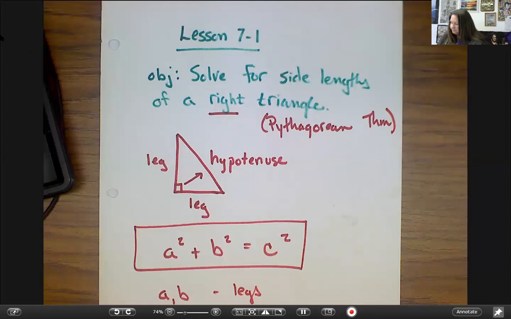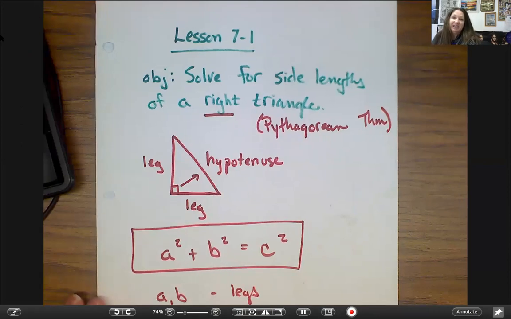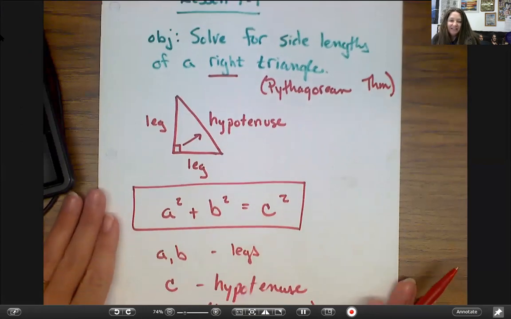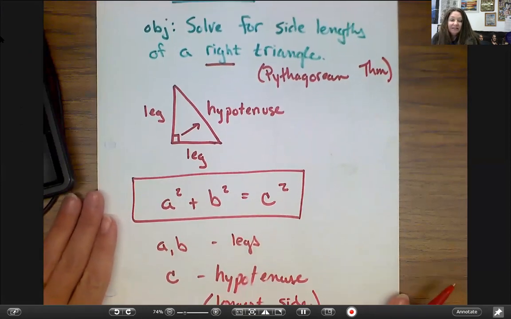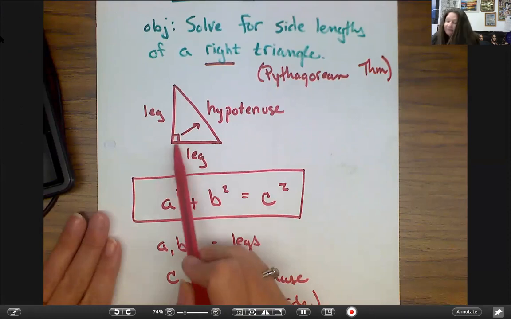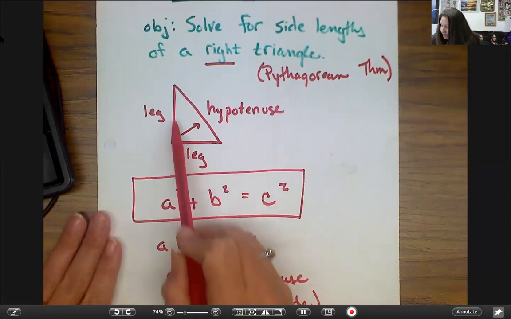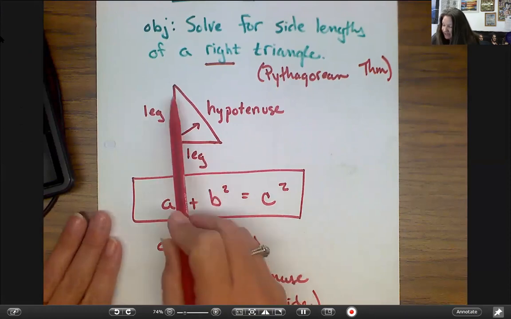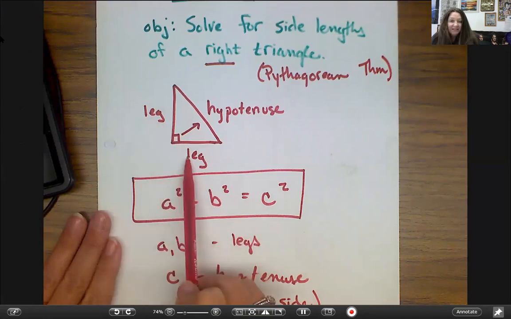All right. So again, if we were wanting to solve for the side length of a right triangle, we're going to use Pythagorean theorem. Okay, a squared plus b squared equals c squared. But it's a good idea to make sure that we understand what those side lengths represent. In a right triangle, what you have are the two sides of the right angle, which are called the legs.